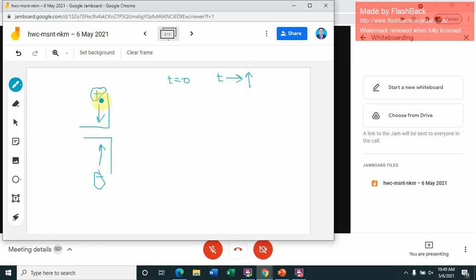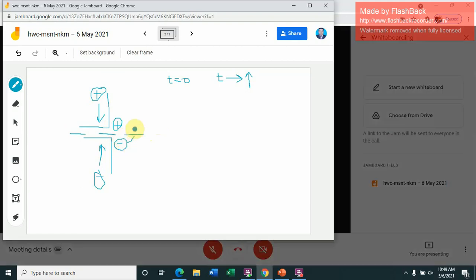Once the positive and negative charges overlap together on this axis, this will move in this direction and the positive charge will move in the opposite direction.